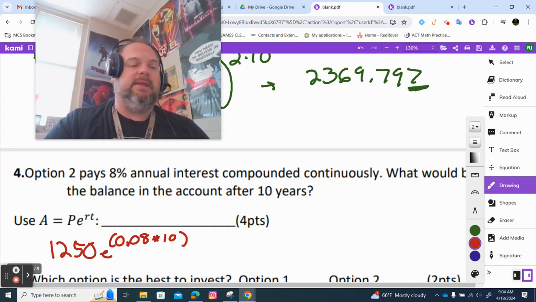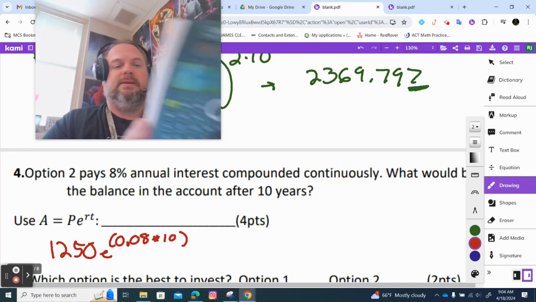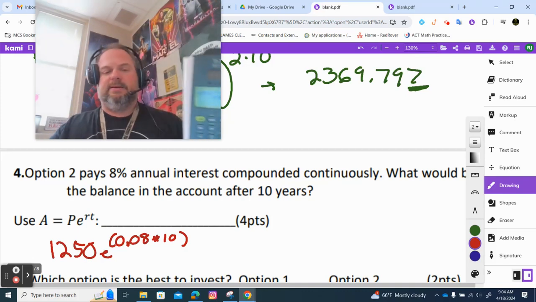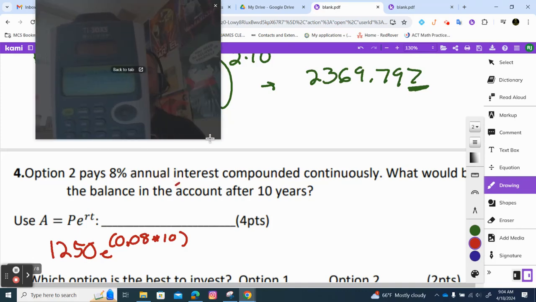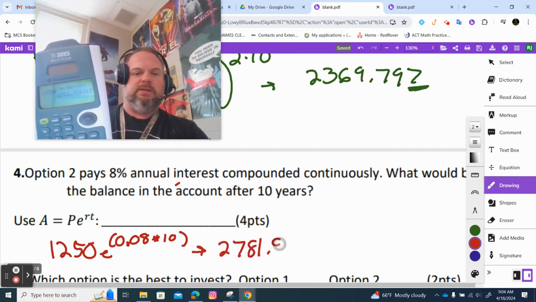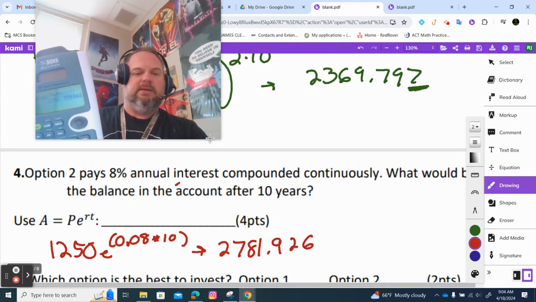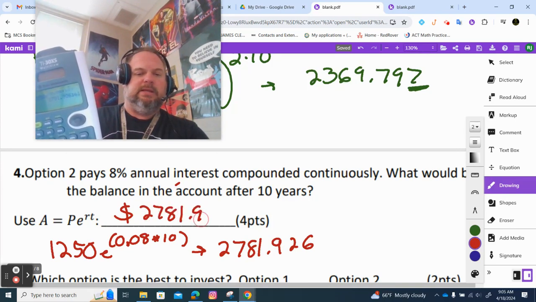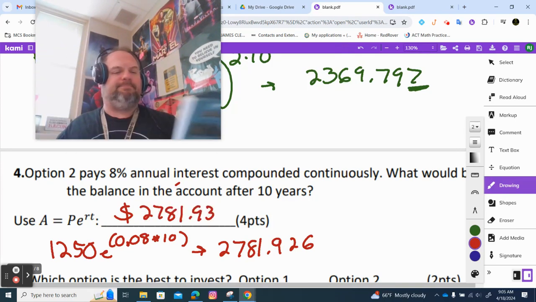Well, we probably could have done that one. That one's actually pretty easy. All right, so we get 2781.926. So this would be 2078.193. Okay.